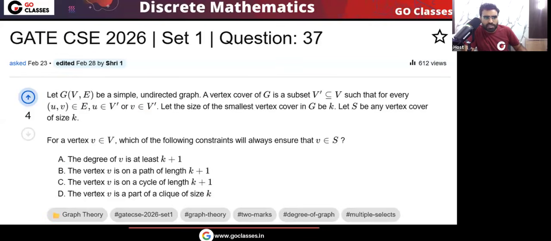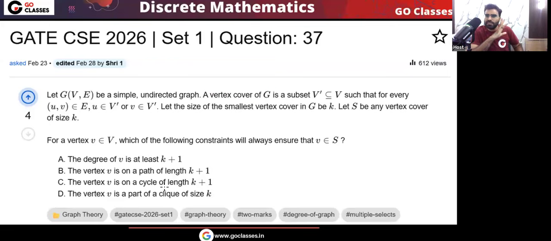Let's solve a GATE 2026 question. Let G = (V, E) be a simple undirected graph. A vertex cover of G is a subset of vertices such that every edge has at least one endpoint in this subset. Okay, so this is the definition of vertex cover. I told you a vertex cover is a subset of vertices which will cover all the edges, meaning for every edge, at least one of its endpoints must be in the vertex cover.